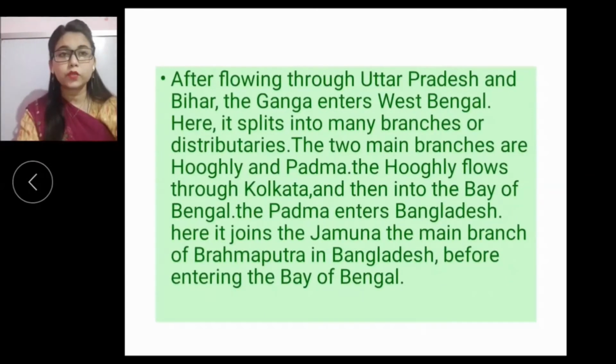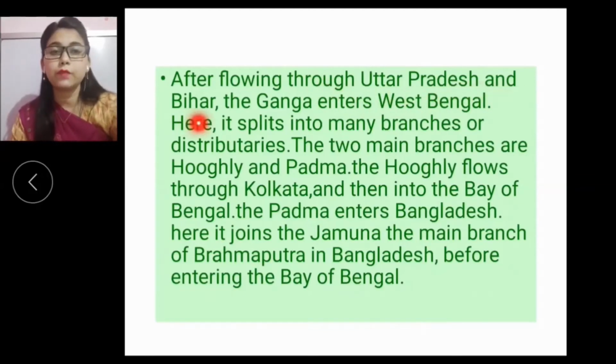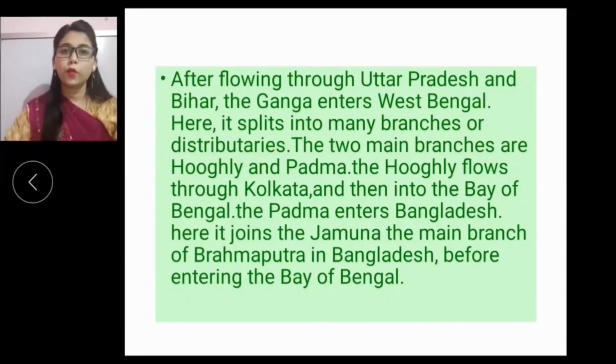After flowing through Uttar Pradesh and Bihar, the Ganga enters West Bengal. Here it splits into many branches or distributaries. You know very well, when a main river spreads or divides into channels, they are the Hooghly and Padma.